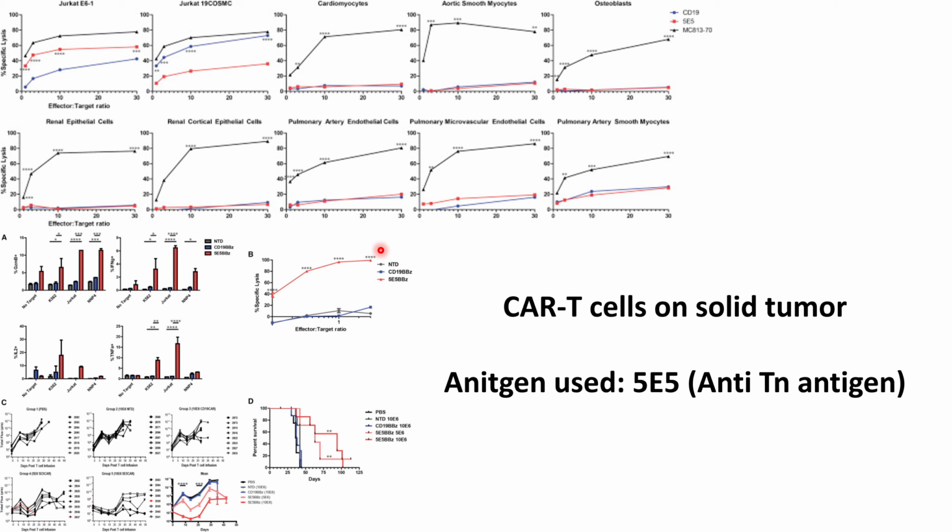They have seen that 5v5 produced a more prominent response, as the percentage of lysis is more compared to the other competitors, such as other candidates such as the CD19BZ. So CD19BZ is not that effective in detecting tumor cells compared to this 5v5BZ.